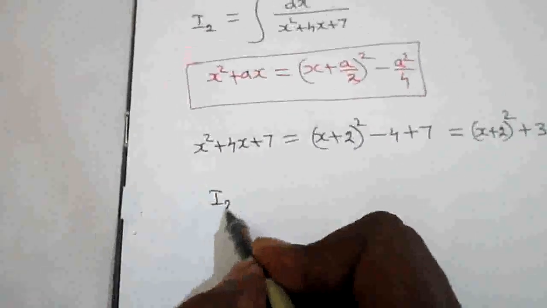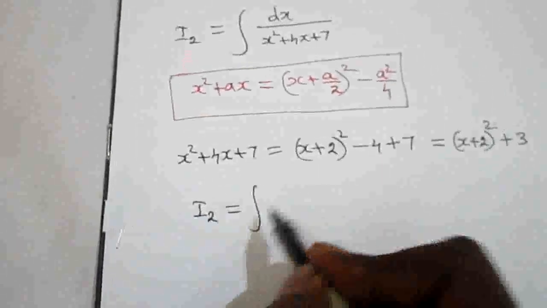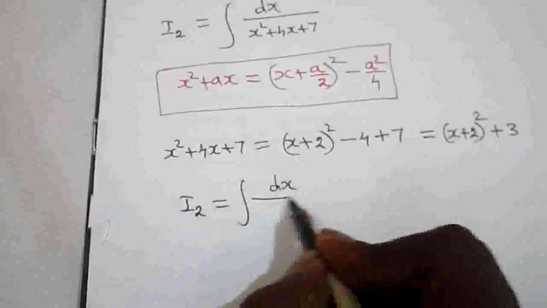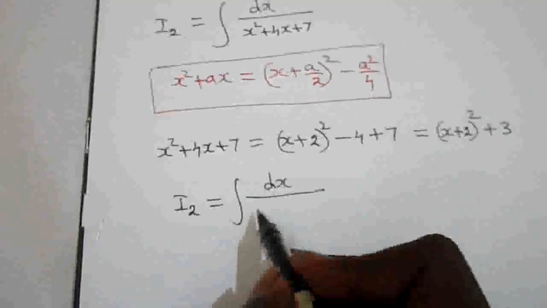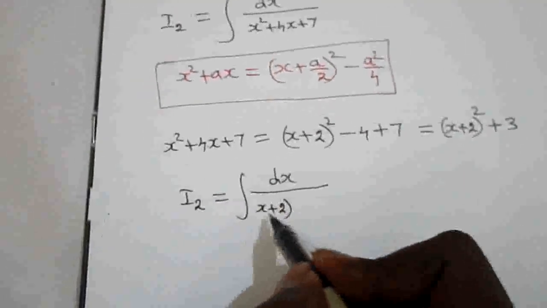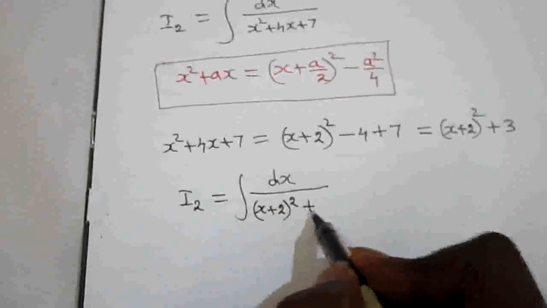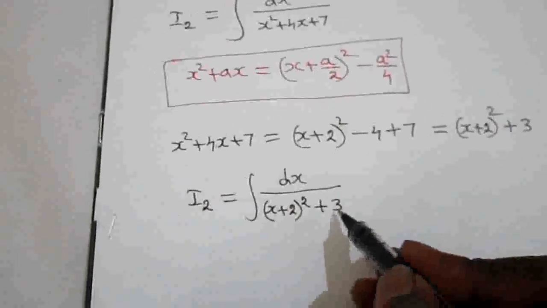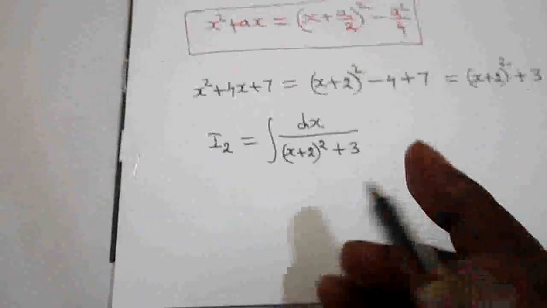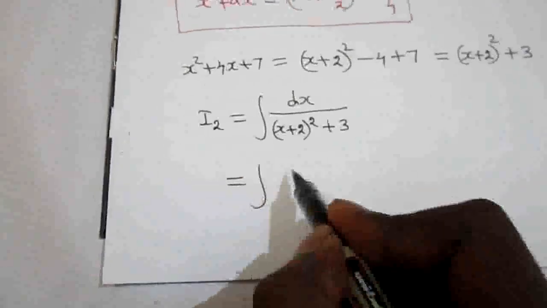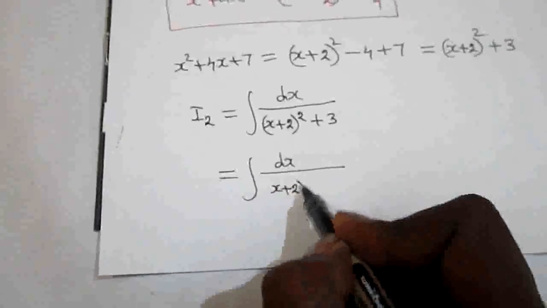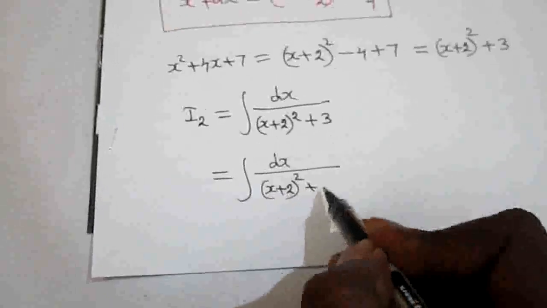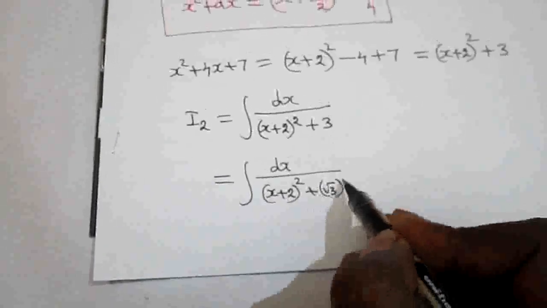So now the denominator is converted into a perfect square. Substituting in I2: I2 is the integral dx by x square plus 4x plus 7, which can be written as (x plus 2) the whole square plus 3. But this 3 can be written as root 3 the whole square. So the integral dx by (x plus 2) the whole square plus (root 3) the whole square.